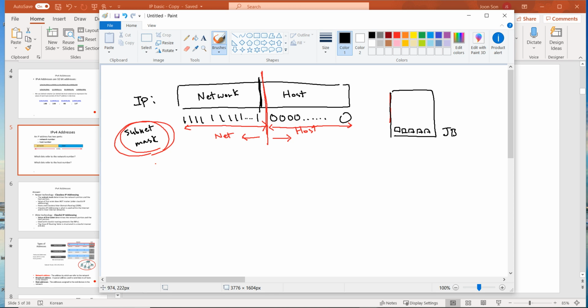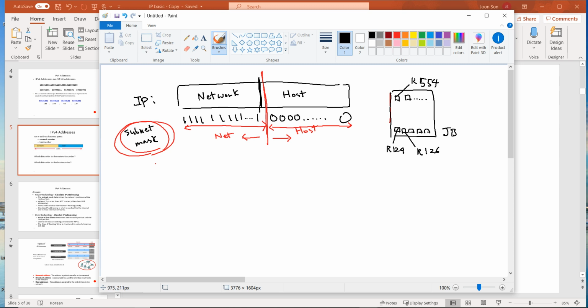Let's say we have room 124, and room 26, etc. And then there's a fifth floor with many offices. Let's say this is room 554, and there are other rooms, etc.